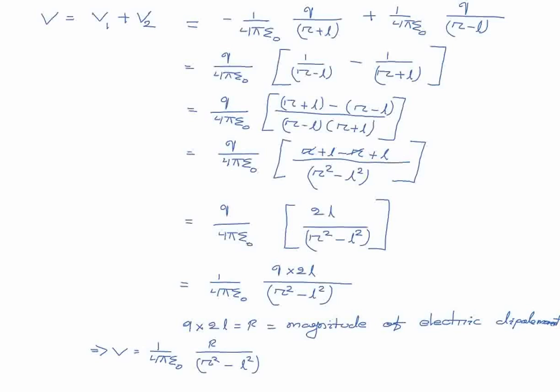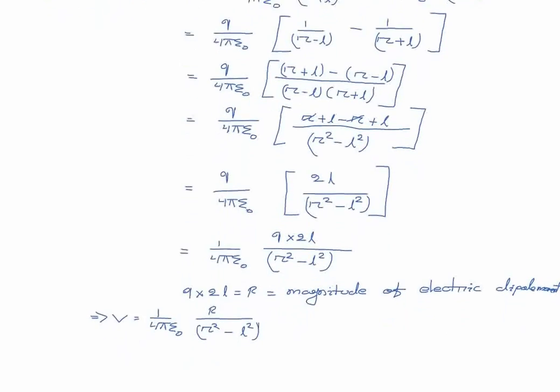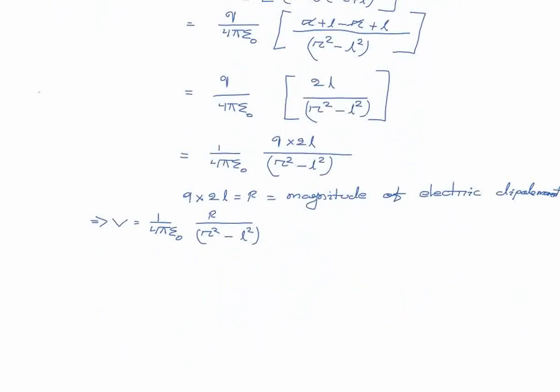But for an ideal dipole, L or the separation between the two charges is very small in comparison to that distance, that is 2L is very less than that of the r.